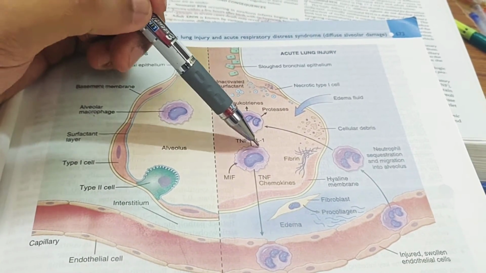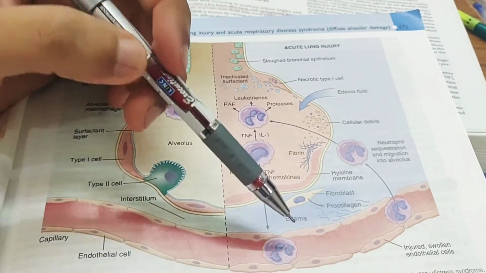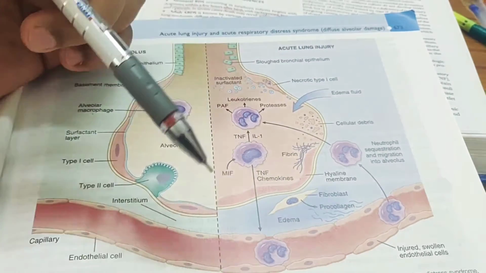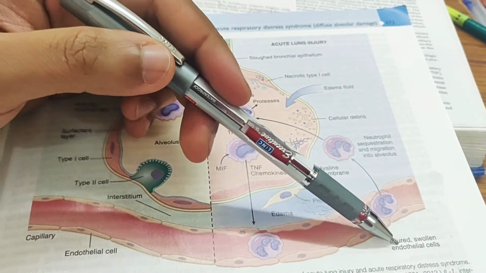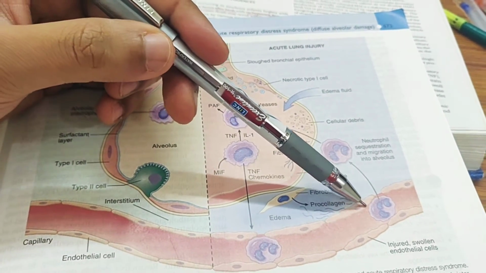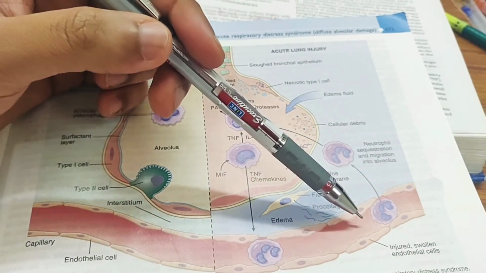These cause endothelial damage, and also increase the adhesion molecules present in the endothelium. Finally some of the endothelium are injured and swollen and show adhesion molecules for neutrophils, so the neutrophils get adhered.